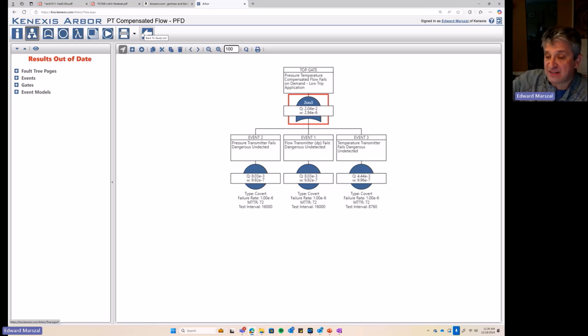Now, after that technician tripped the plant out, they changed their mental model to a new procedure that's not going to trip the plant out.